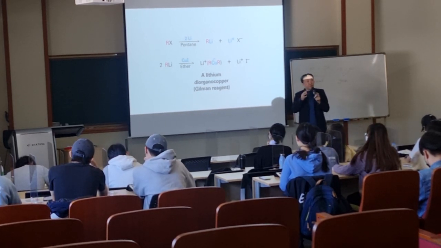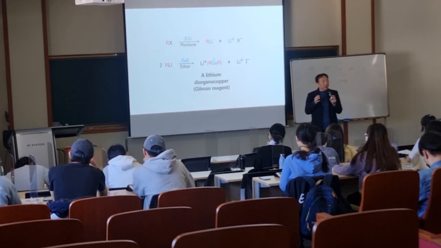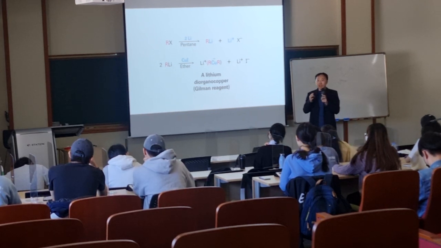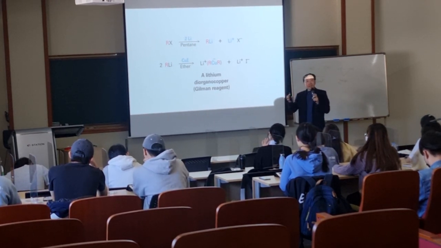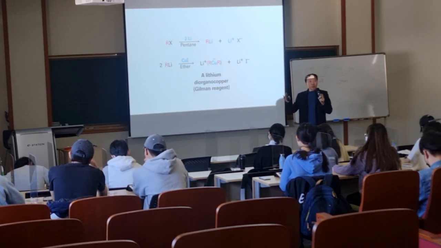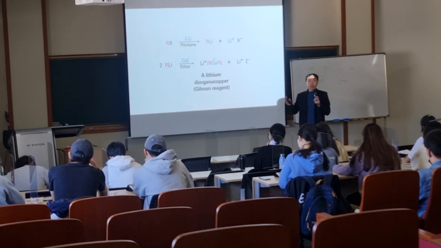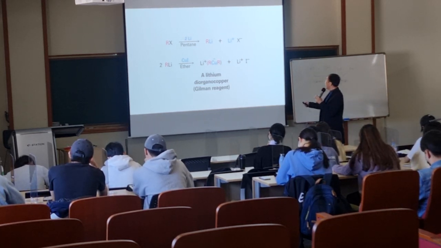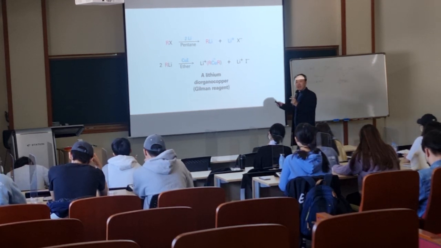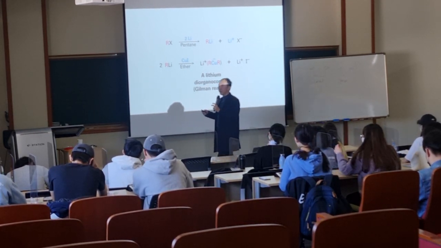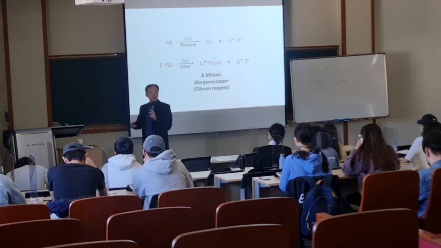Copper is much bigger and has a lot more electrons. The electron shell is also softer and more complicated, with the d orbitals. And so the alkyl group is now a more relaxed, softer anion. So by using this trick, we turn a hard alkyl anion into a soft alkyl anion by exchanging the metals.